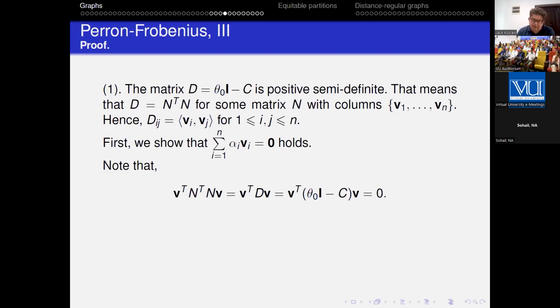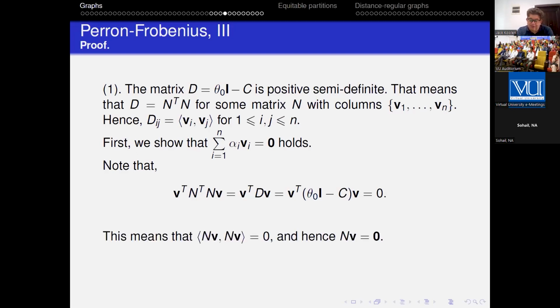We can now write what D is: theta 0 times identity minus C. Because C phi is theta phi, we get that this is 0. So that means that N phi is 0.